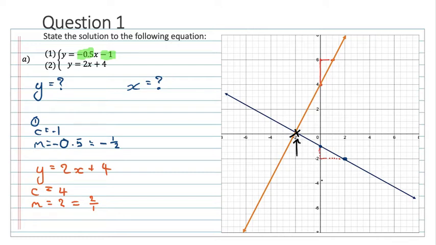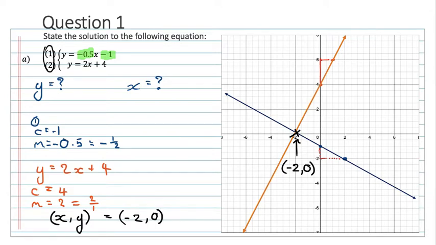That point is an x of negative 2 and a y value of 0. Thus the solution, x and y for equations 1 and 2 as specified here, is negative 2 and 0.